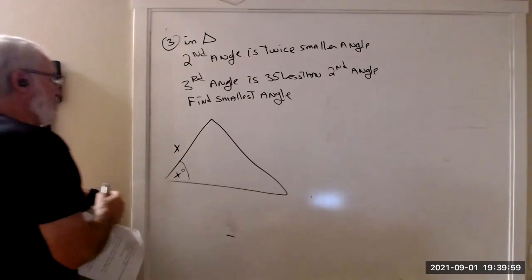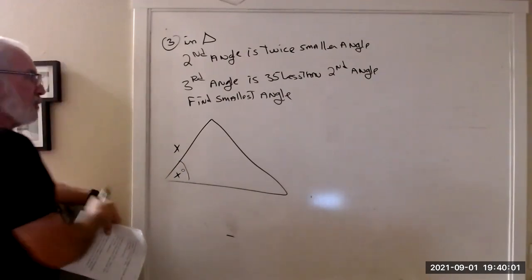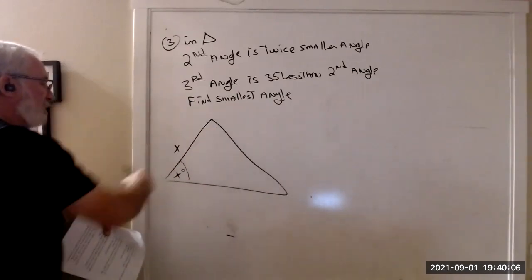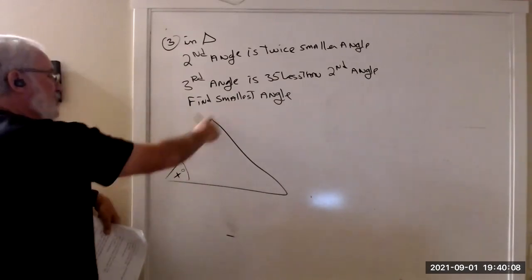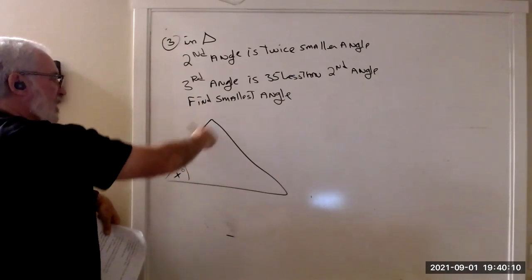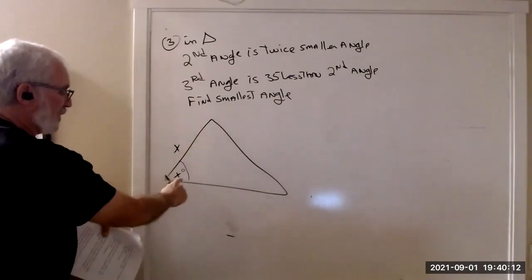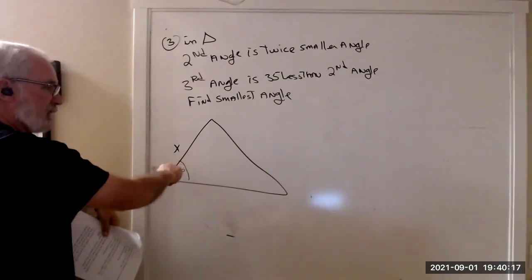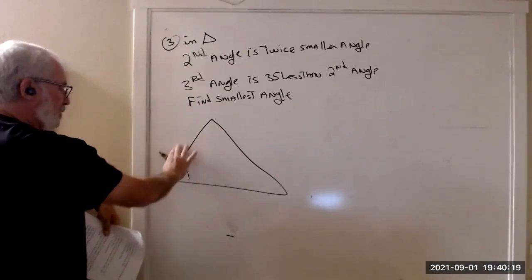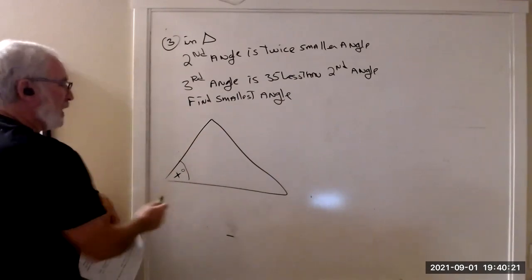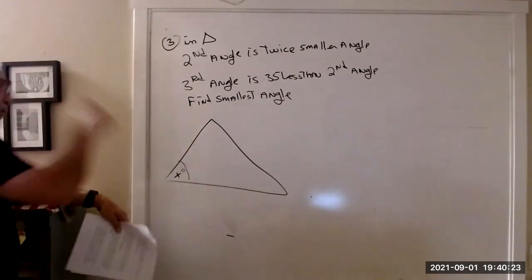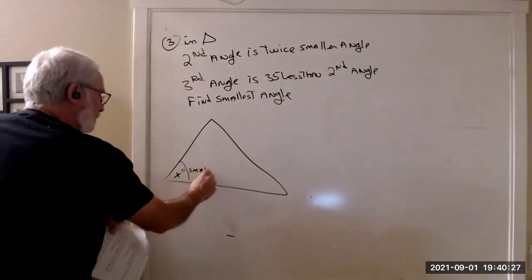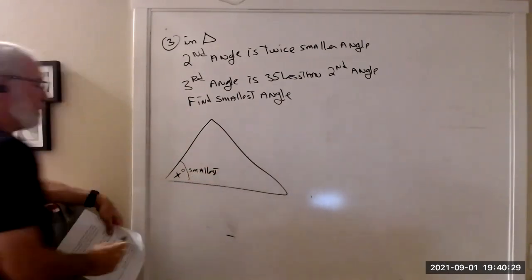So you need to be careful where you put your variables on your picture. X on the outside means the length of that side is X. X on the inside, like that, means that angle is measured as X degrees. So I'm going to just call that randomly. There's my X, there's my smallest angle right there.